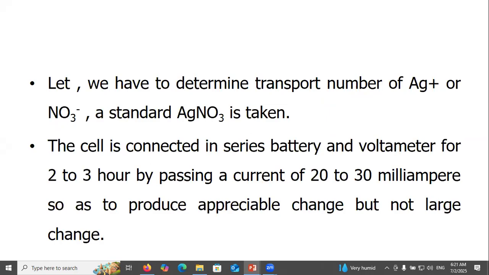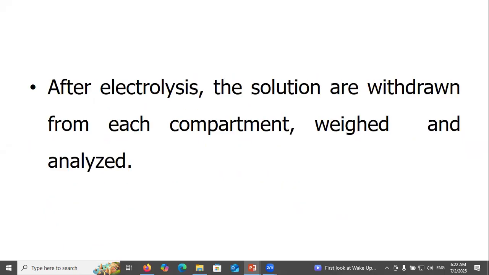We have to determine the transport number of silver nitrate, so standard silver nitrate is taken. The cell is connected in series with a battery and voltmeter, and a current of 20 to 30 milliampere is passed for 2 to 3 hours so as to produce an appreciable change but not a large change.